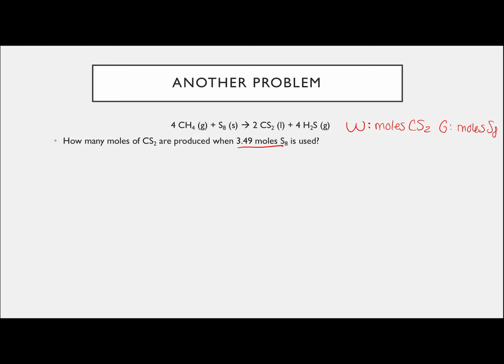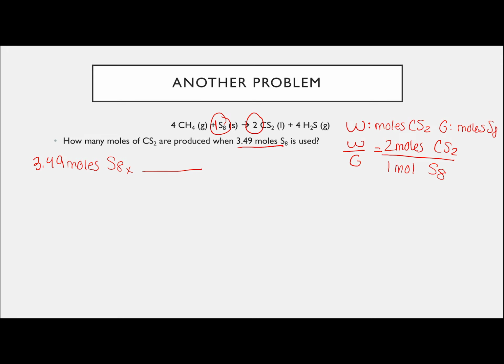All right. So we are going to start with our 3.49 moles of S8. We need to put together that ratio. So it's always wanted over given, right? So my wanted is moles CS2, and I've got 2 of them. 2 moles CS2 over, don't forget that imaginary 1 there, 1 mole S8.